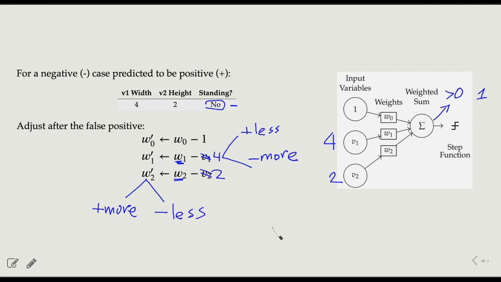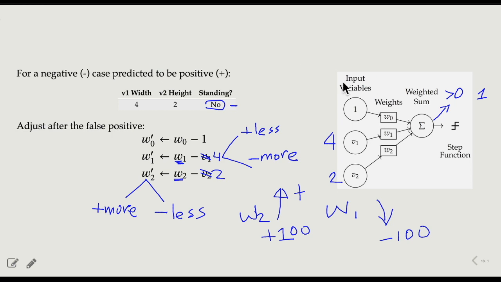So potentially W2, relatively speaking, will increase, and W1, relatively speaking, will decrease. So this may become something positive, this may become something negative. In the end, we may see something like positive 100 for W2, negative 100 for W1.